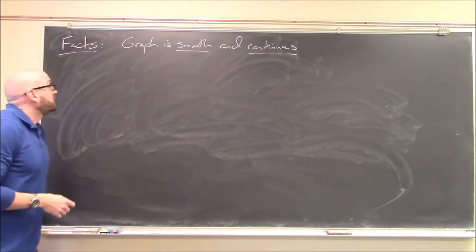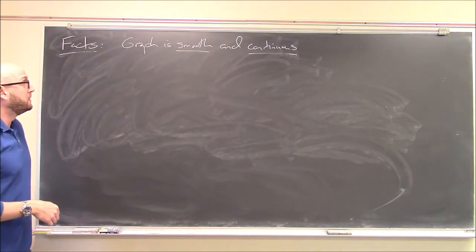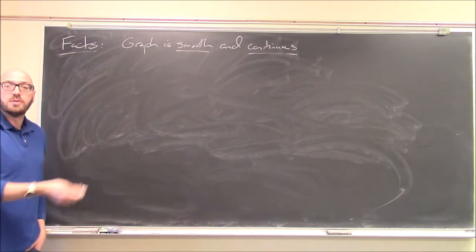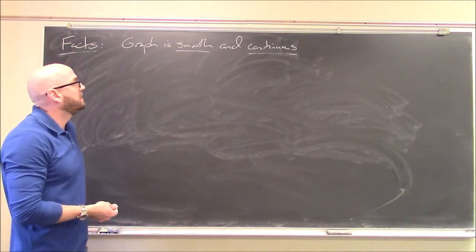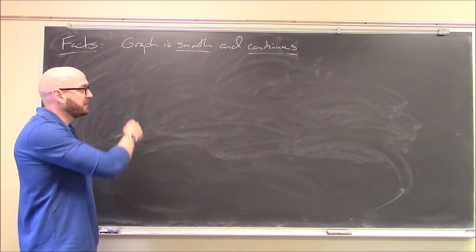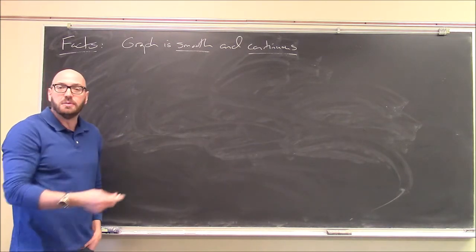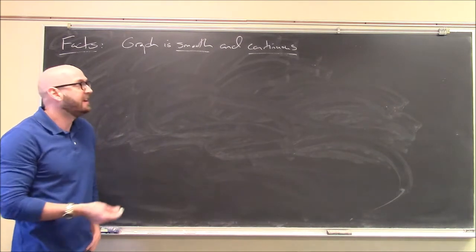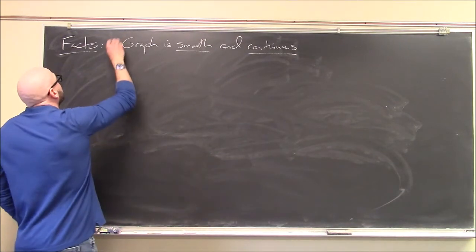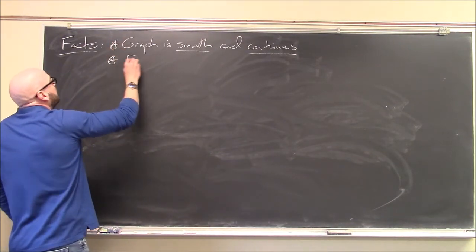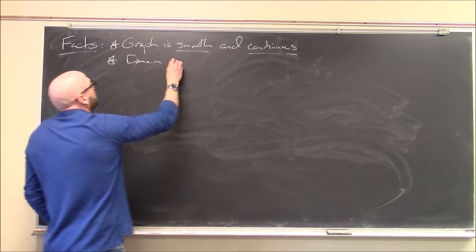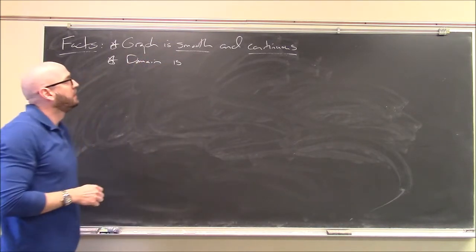So for starters, the graphs of polynomial functions are smooth, so there are no sharp corners, no kinks in them, and continuous, meaning you can draw the graph without having to lift your pencil from the paper. There are no holes in it. It doesn't blow up to infinity or anything. And the domain of all polynomial functions is what?